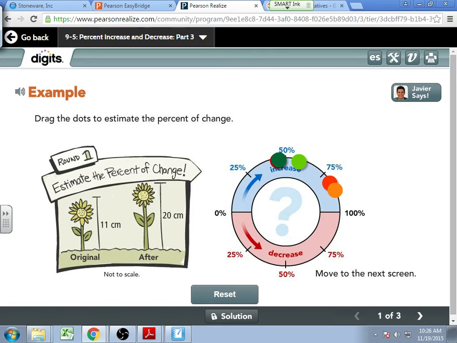Should be about 50%. Hey, Leah, what was your change that you thought about here? I was thinking 80%-ish. What was the change in the plant height? Almost 9, right? From 11 to 20 is 9. What was our original? What is the rule for division by 11?